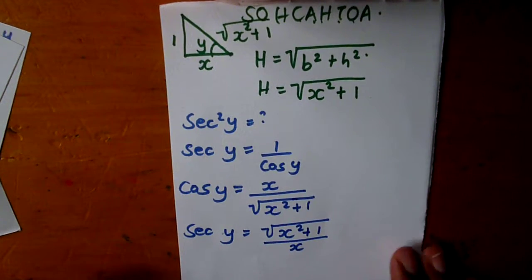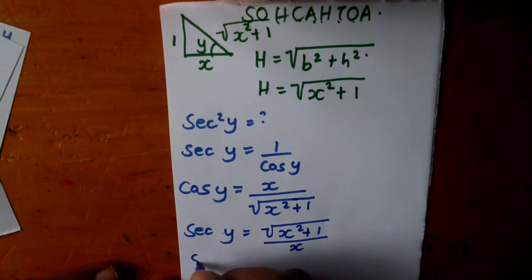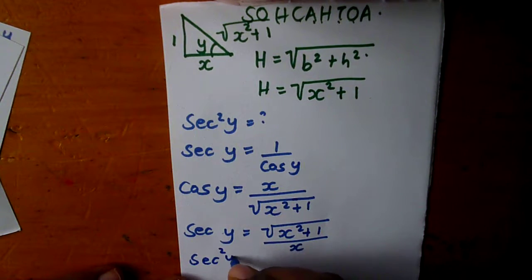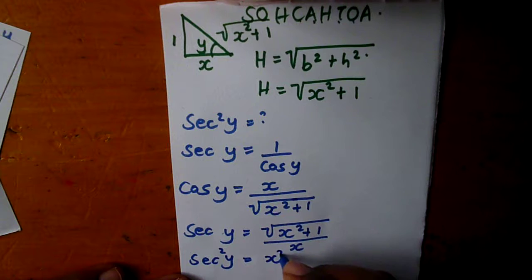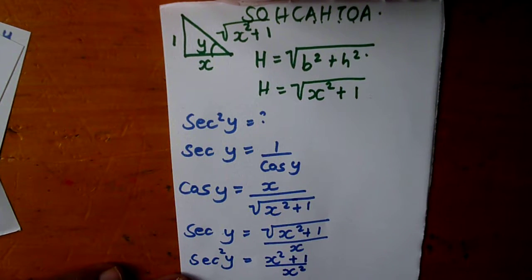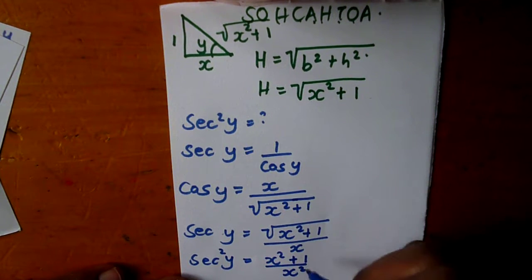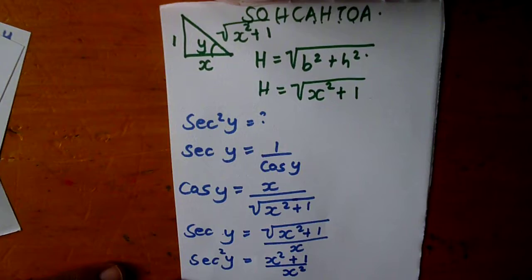What about sec squared y? It will just be x squared plus 1 all over x squared. The root sign will go, but you'll have to square the denominator since you're squaring both sides.